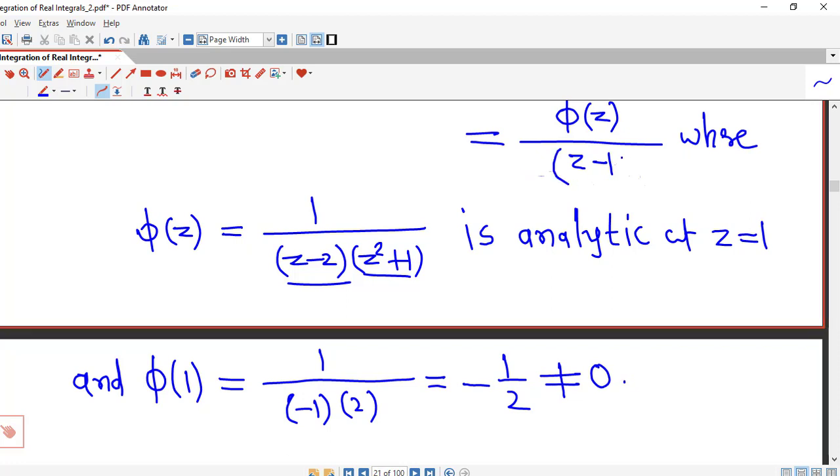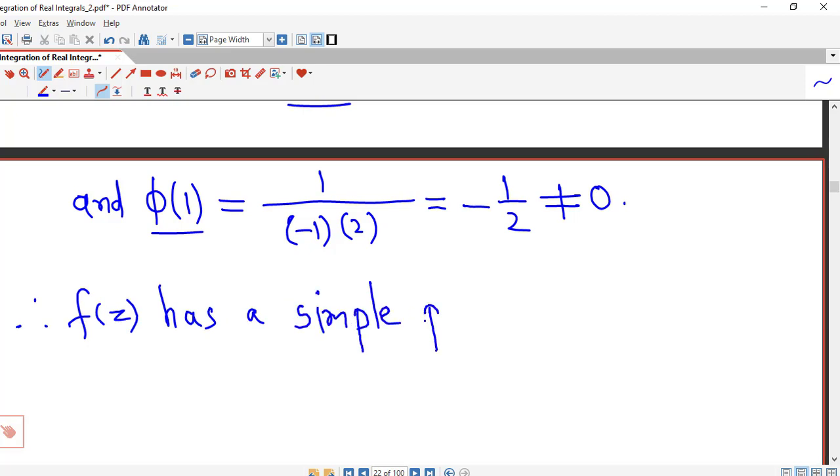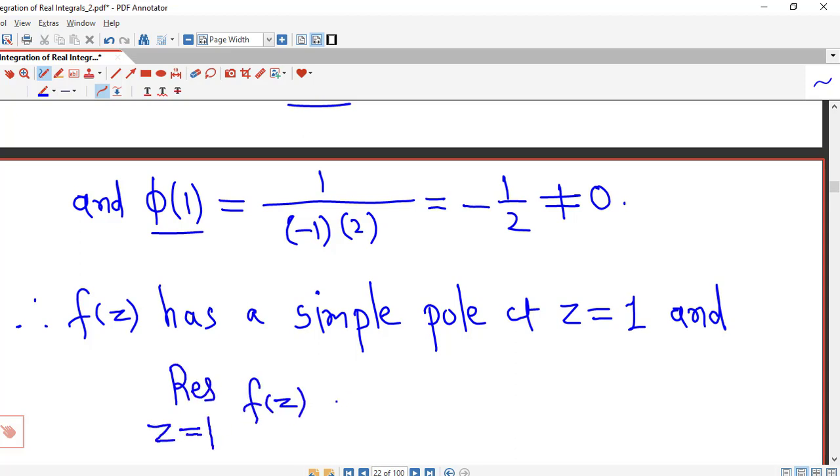And here the power of z minus 1 is 1, so we are able to express f of z as phi of z over the first power of z minus 1, where phi of z is analytic at z equal to 1 and phi of 1 is non-zero. So this says that f of z has a simple pole at z equal to 1, and the residue of f of z at z equal to 1 will be equal to the value of function phi at z equal to 1, which is minus 1 by 2.